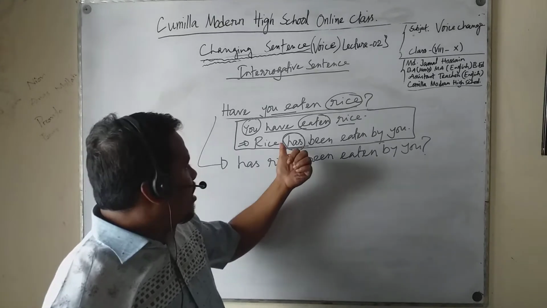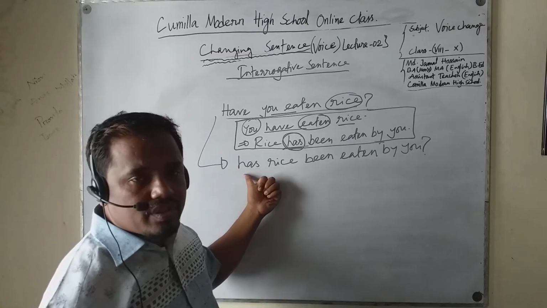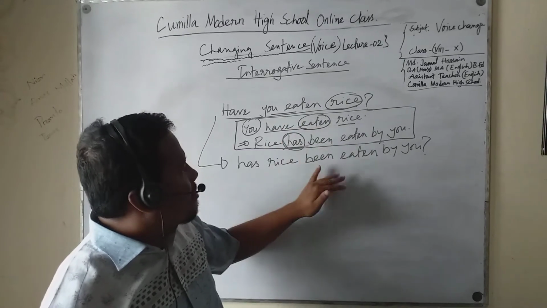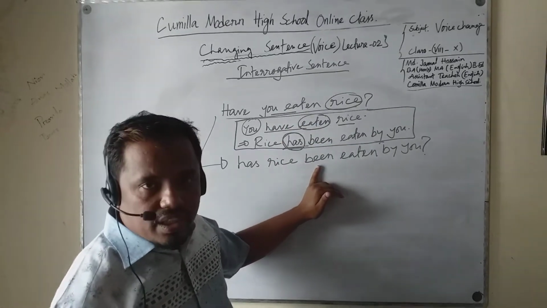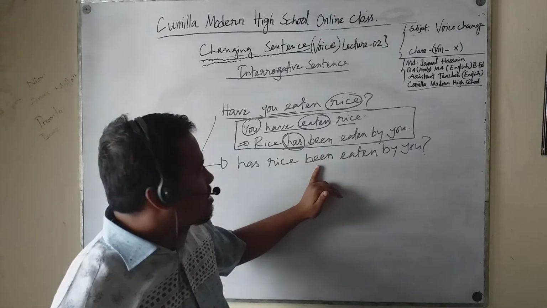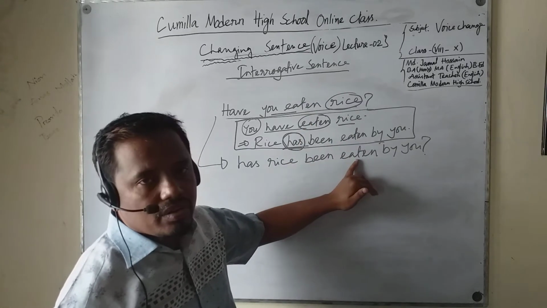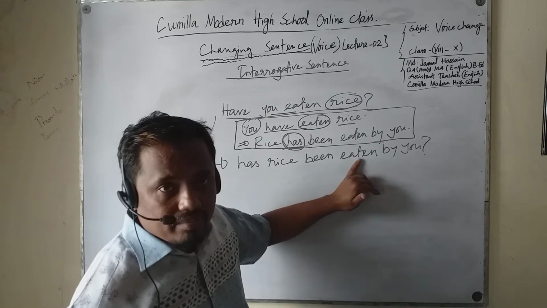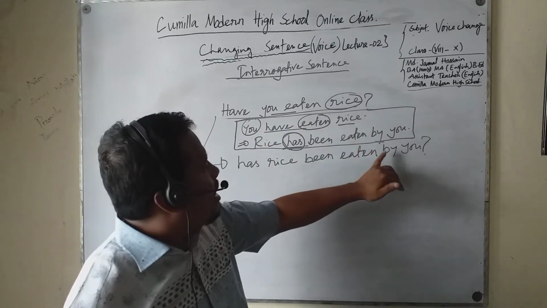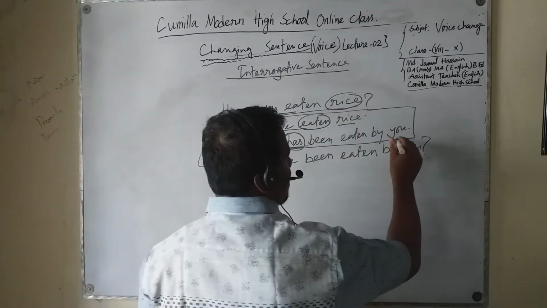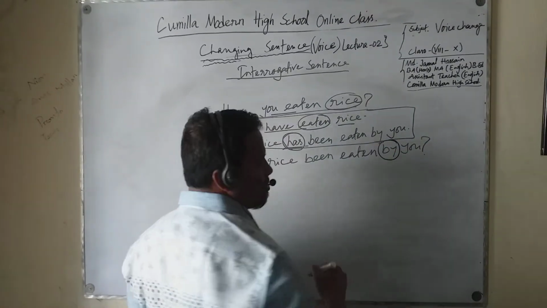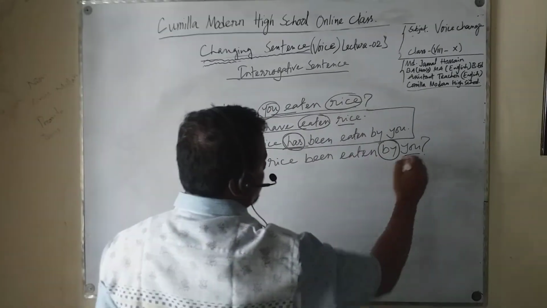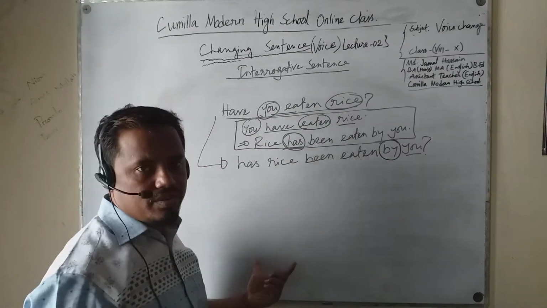Then put has, the be verb, first, then the subject, and the been according to the tense of this sentence. And the main verb is always, as you all know, in past participle form. Then by, we have to use by as a preposition according to the passive voice. Then the subject you. You can transform it in this way also.